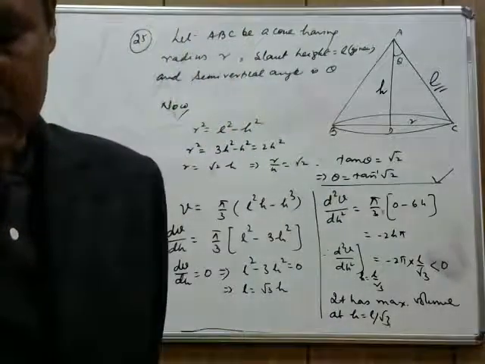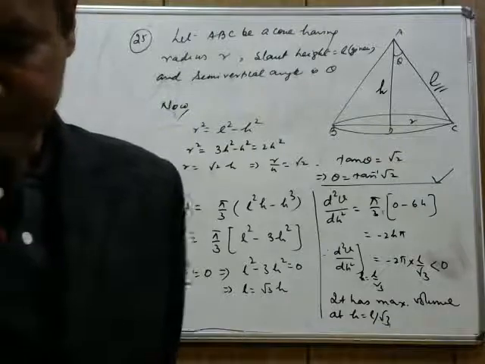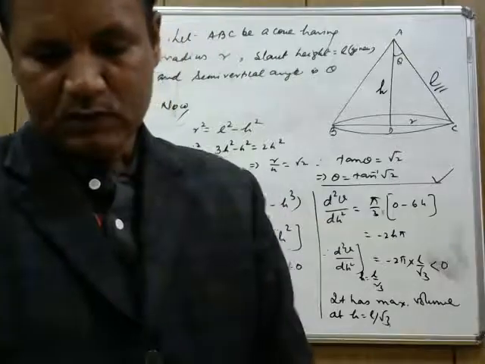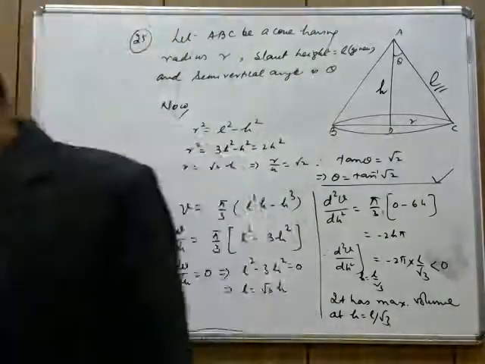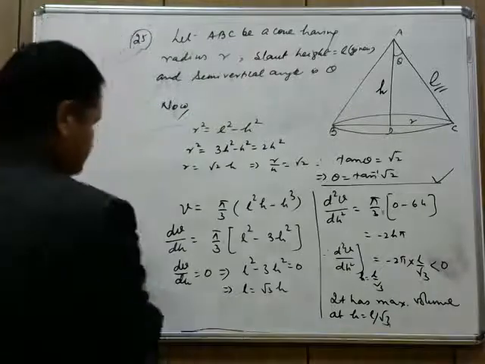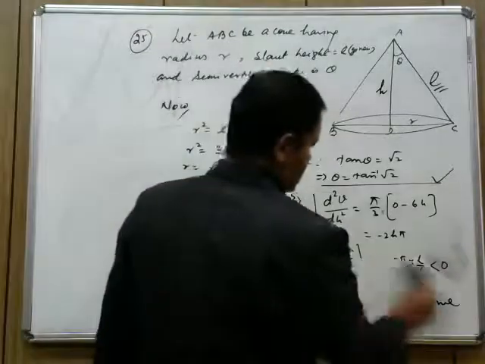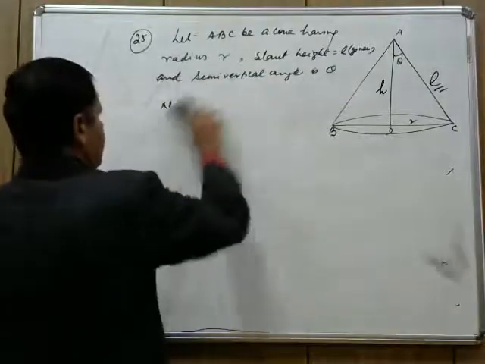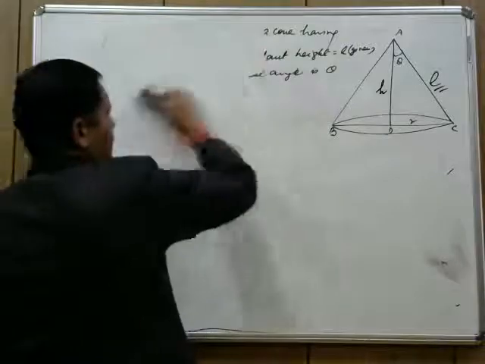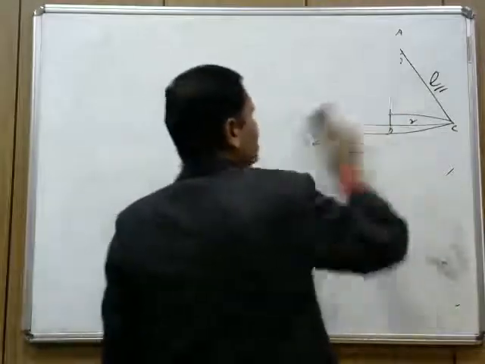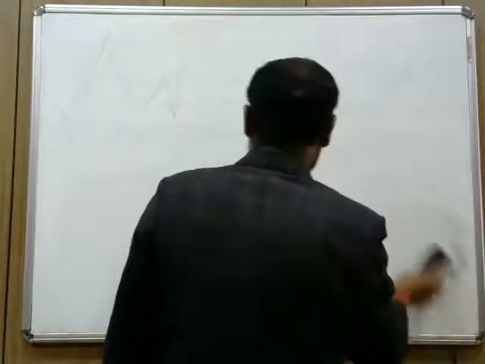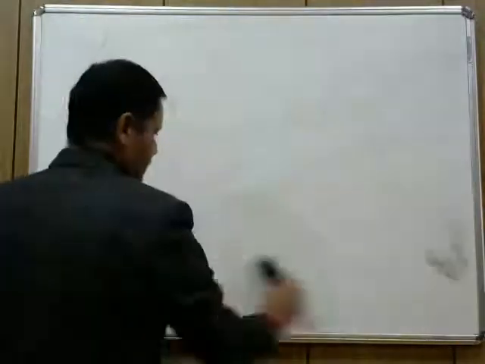For the time being, I will do one question from the miscellaneous, question number 3, and then I will stop today's lesson. These word problems will vary. Two things are very important while solving word problems for maxima and minima.